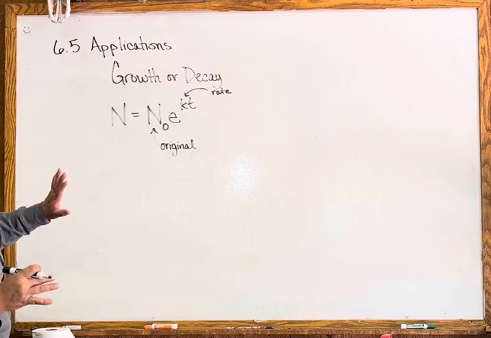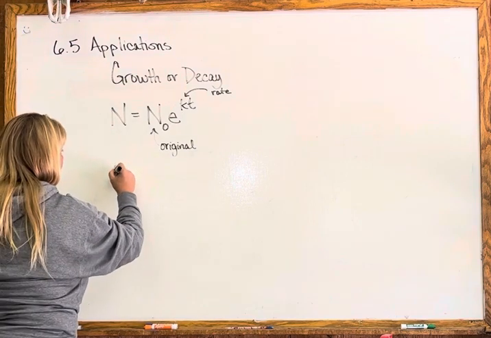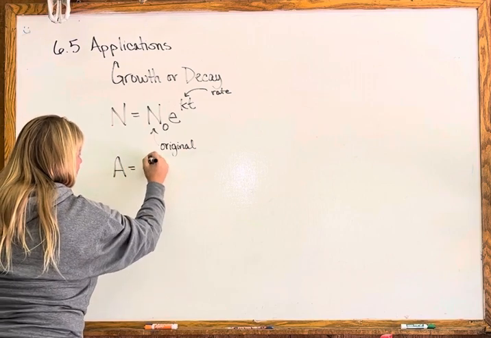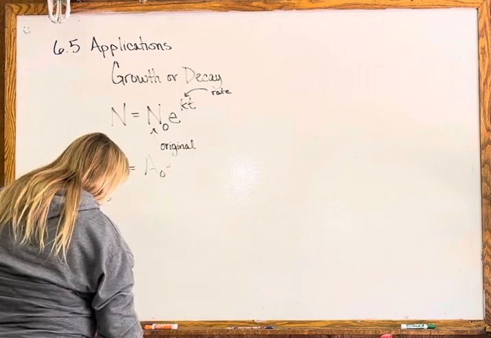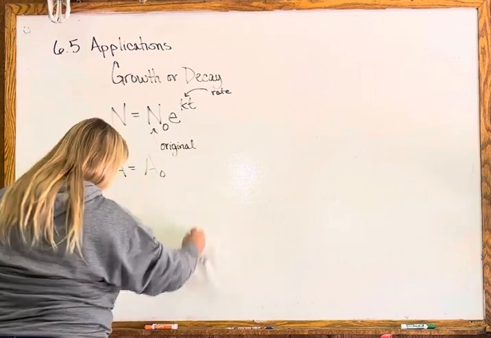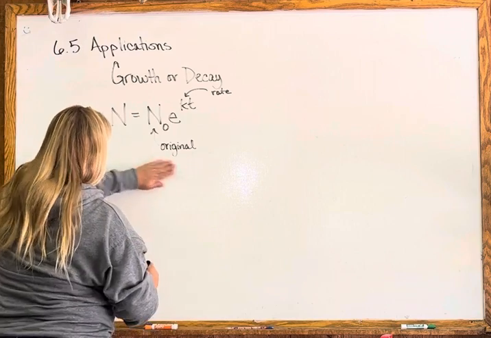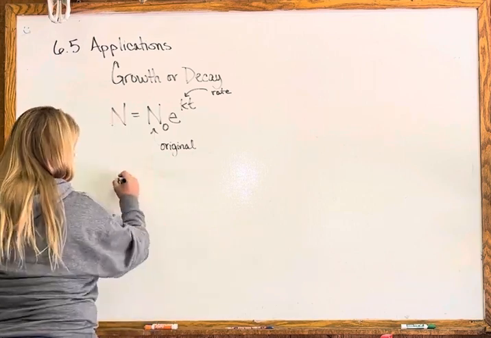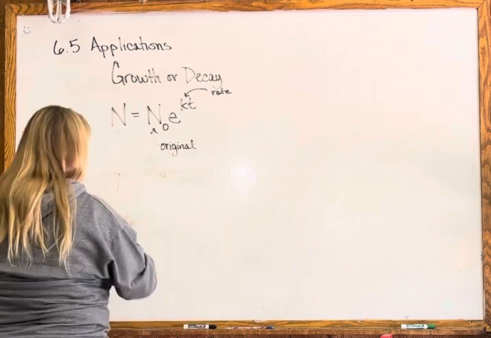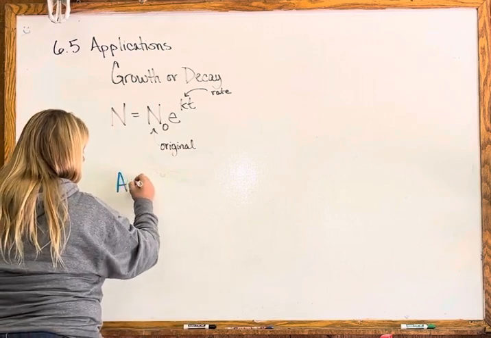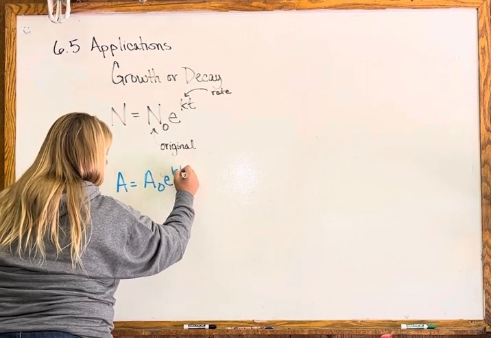Now, as I said, it's common to see different letters in here. So one other common one is A equals A sub 0 e to the kt power.